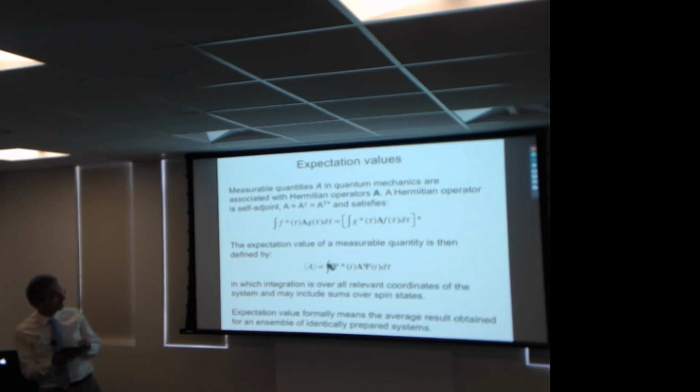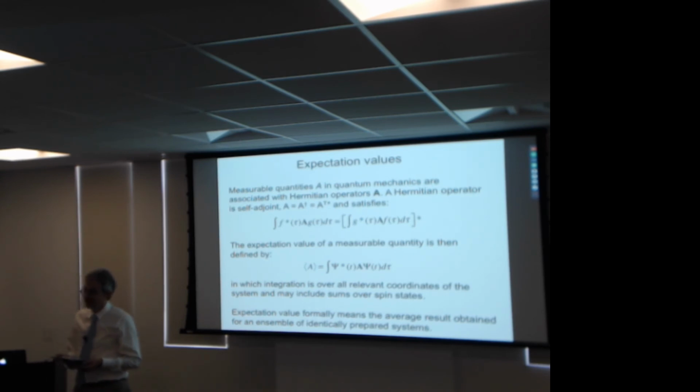This says that the expectation value, something we can measure, associated with some operator A, is given by this kind of integral over this sandwich. So we take the integral of the complex conjugate of the wave function times the operator times the wave function, and then integrate over all the relevant variables. And what we end up with is the expectation value.